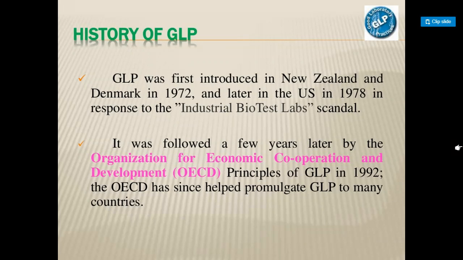This already we have seen, how it happened. After that scandal they started doing this. It was followed a few years later by the Organization for Economic Cooperation and Development, that is called the OECD guidelines, principles of GLP in 1992.